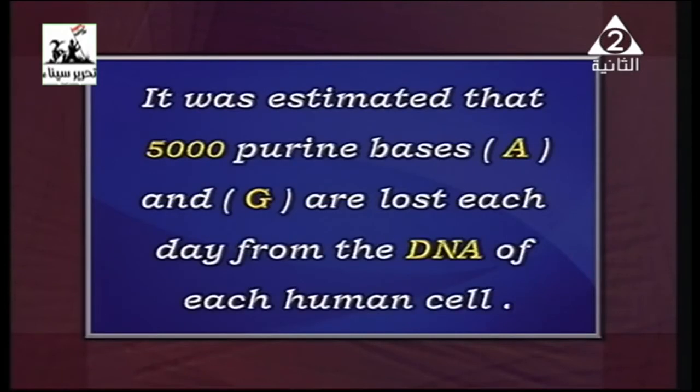It was estimated that 5,000 purine pieces, adenine and guanine, are lost each day from the DNA of each human cell. So we have a great number of missing, damaged and destroyed pieces each day, and we need a mechanism inside our body to repair the destroyed and missing ones.